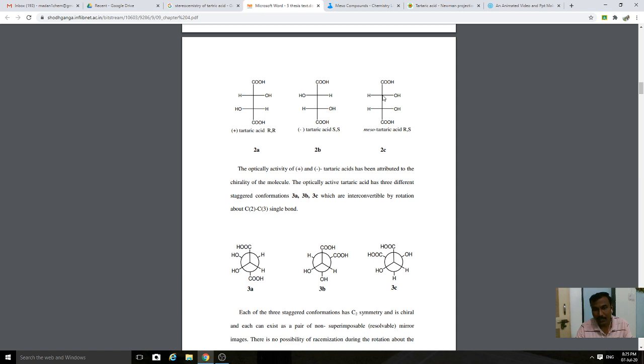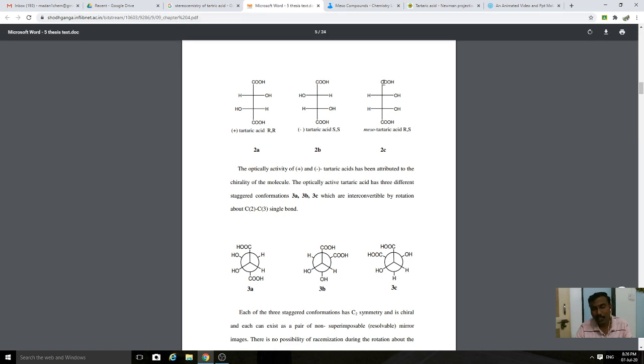You can see that through carbon 2 and carbon 3 there passes a horizontal plane, and it cuts the molecule into two identical parts which are mirror images of each other. This is the plane of symmetry which passes through mesotartaric acid. That's why it is achiral.